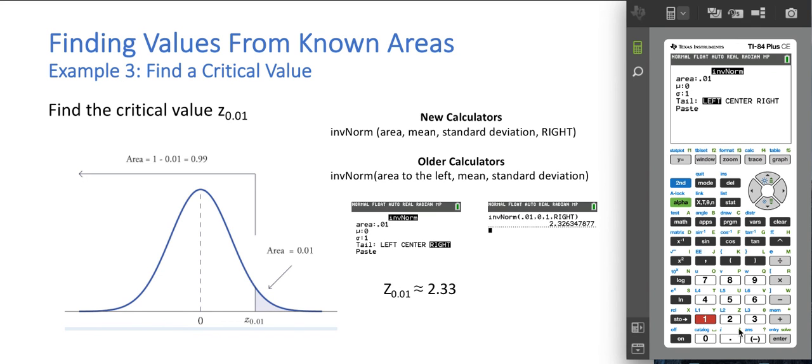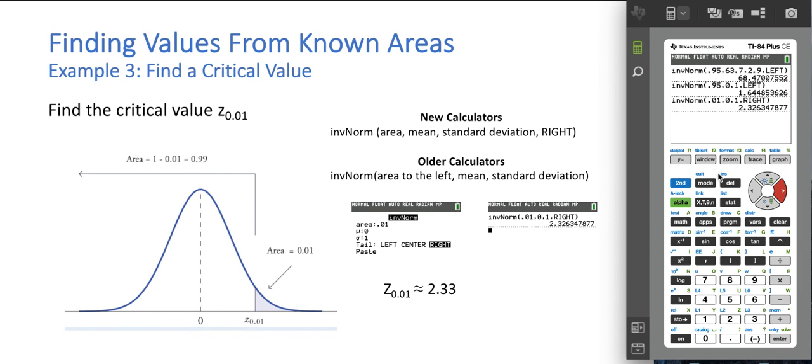The standard deviation is 1. And remember we want the area to the right to be 0.01, not the area to the left. Press enter and paste that in there. And that z-score is 2.33 approximately.